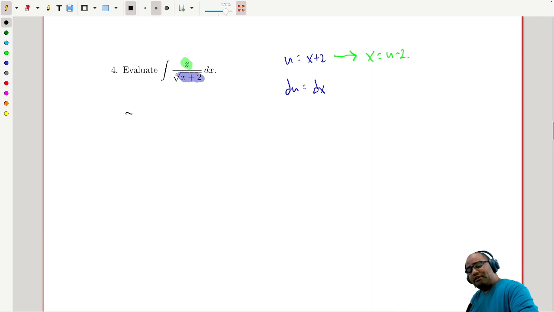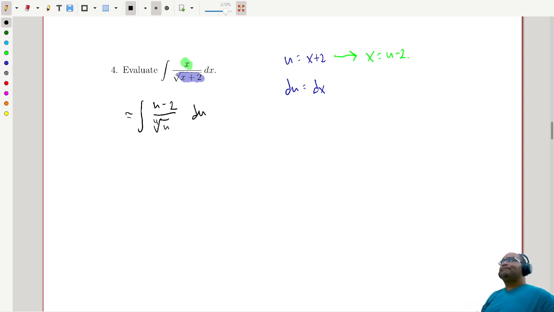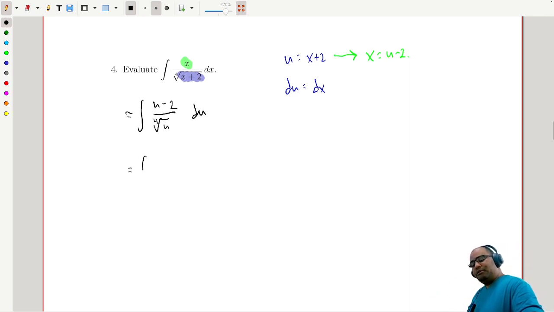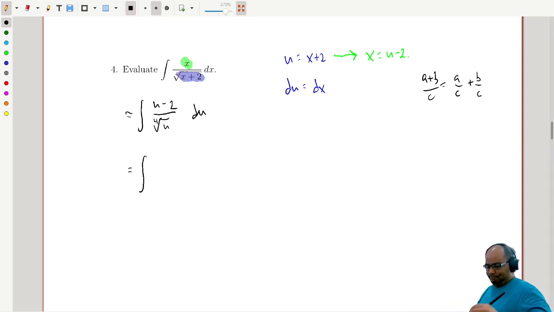Now, after I do everything here, what do we get? We'll have the integral of x dx, so x is u minus 2. In the denominator, I have the 4th root of u du. Now we're going to have to do some fraction stuff, so we have stuff over a common denominator. Remember that a plus b over c is the same as a over c plus b over c.